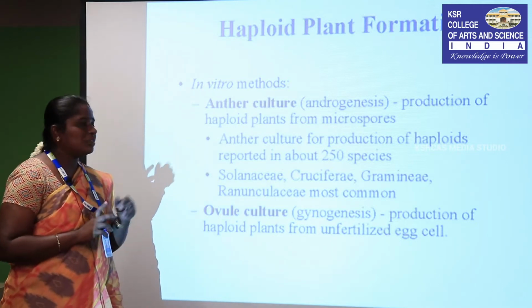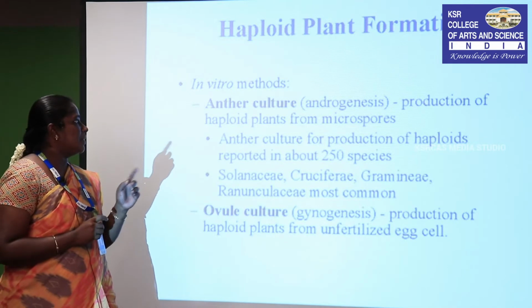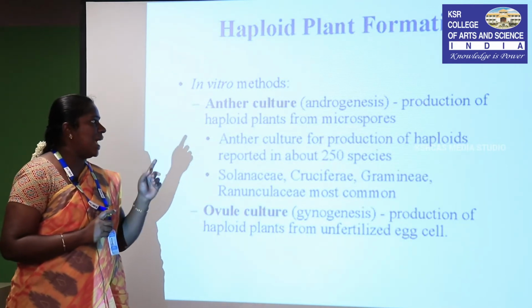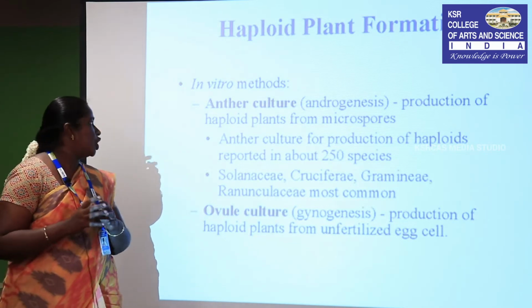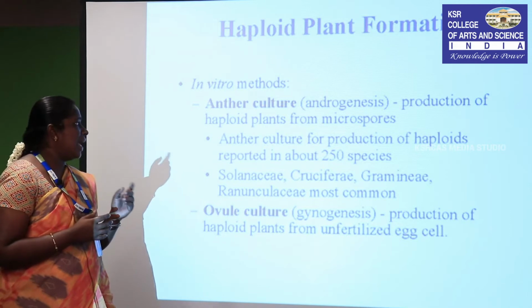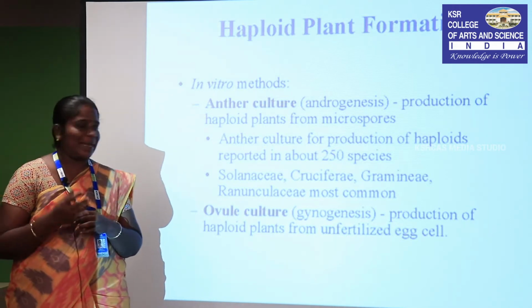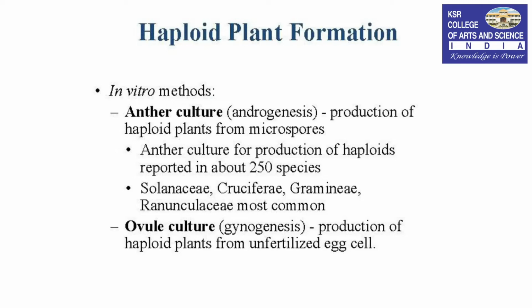The first is androgenesis, and the next is gynogenesis. The first method, an in vitro method, is androgenesis, which is the production of haploid plants from microspores. Anther culture for production of haploid plants has been reported in 250 species.